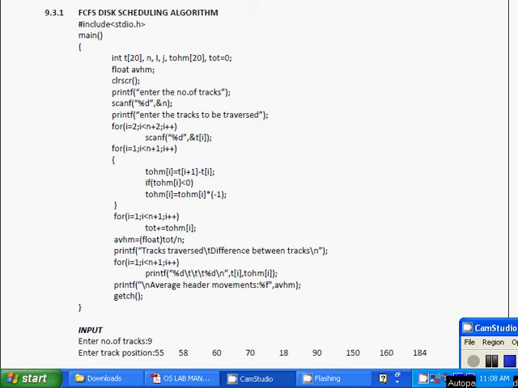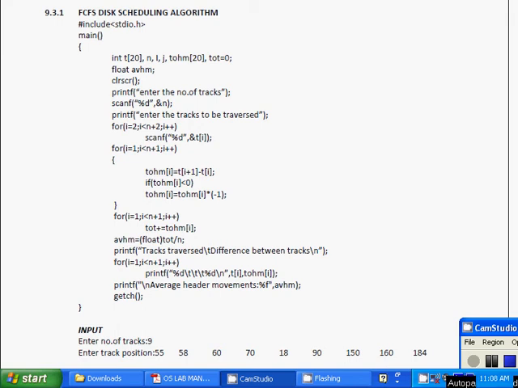One of the responsibilities of the operating system is to use the hardware efficiently. For the disk drives, this means having a fast access time and disk bandwidth. The access time has two major components, the seek time and the rotational latency. The seek time is the time for the disk arm to move the heads to the cylinder containing the desired sector.